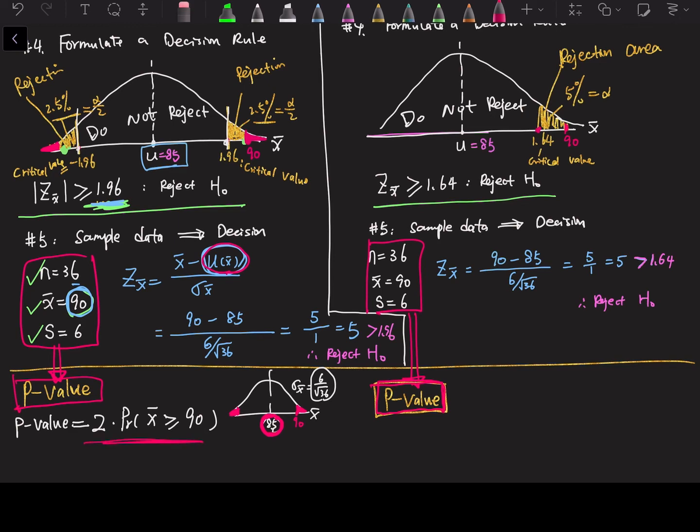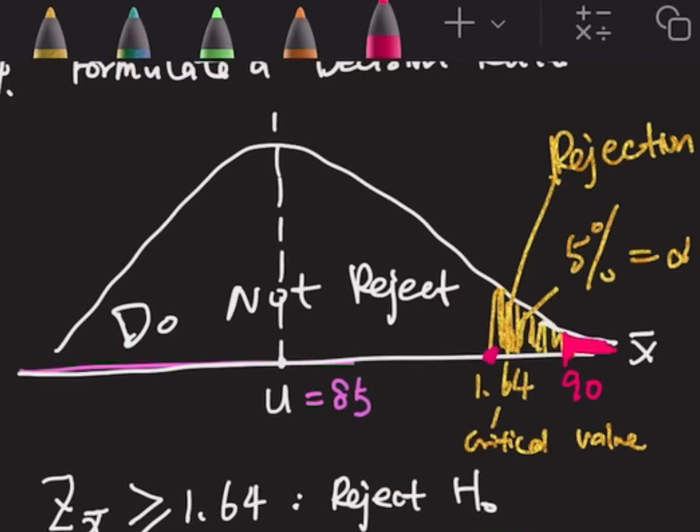So for a one-tailed test, the p-value graphically is just this area. With the value of x bar at 90, this area is the p-value. You don't need to multiply by 2 because this is one tail.